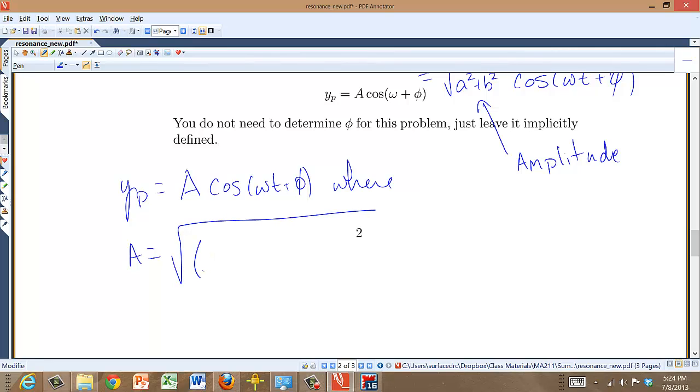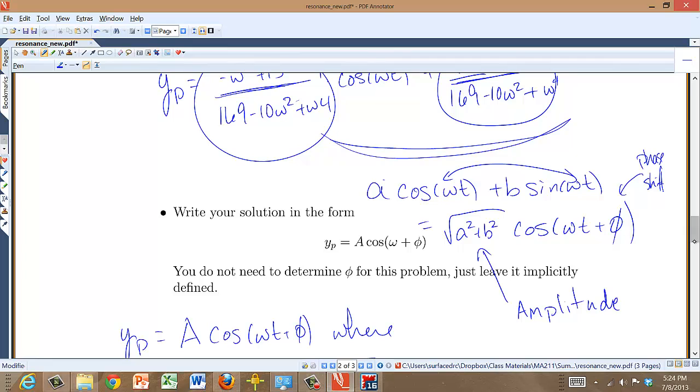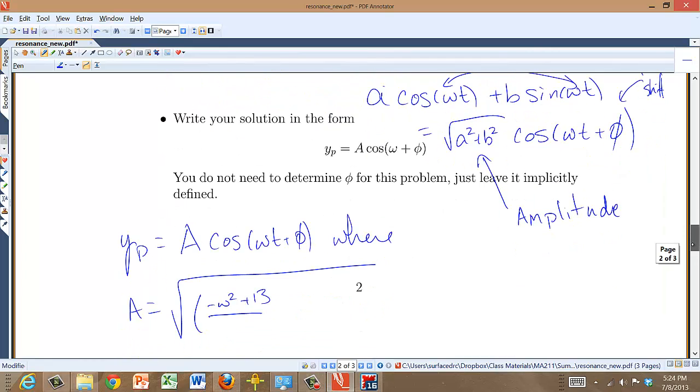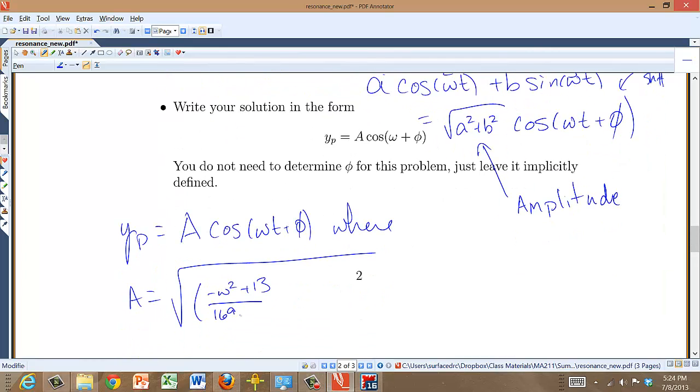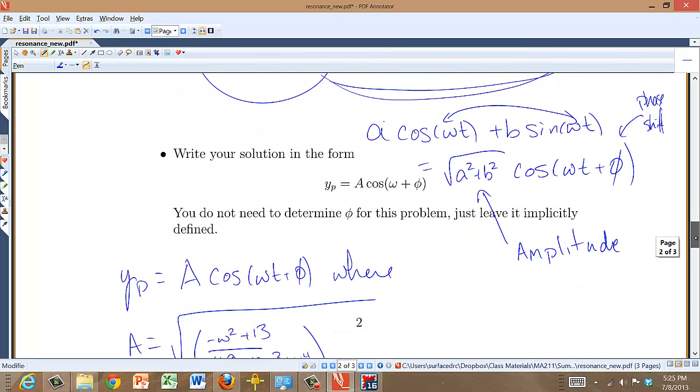People always want to leave these sines and cosines in there. That's not right. So it's the square root of negative omega squared plus 13 over, what's that denominator? 169 minus 10 omega squared plus omega to the 4. That's the first coefficient in front of the cosine.